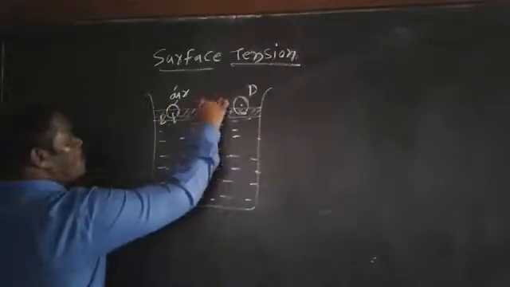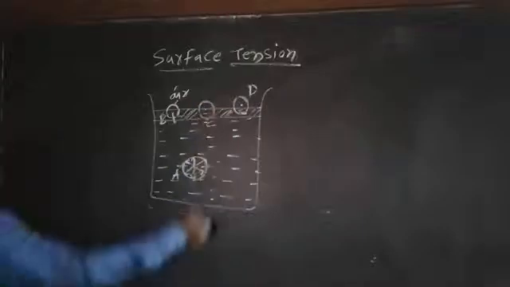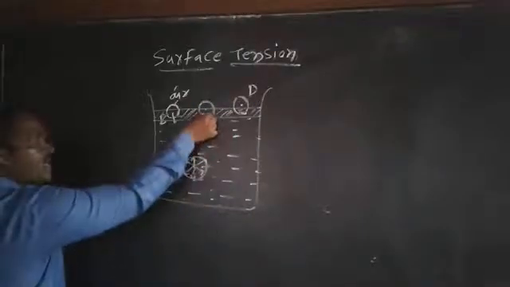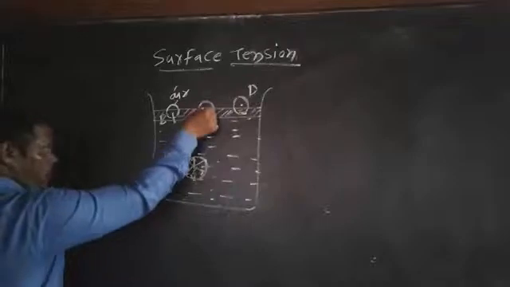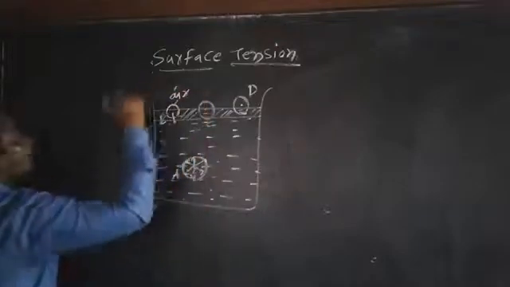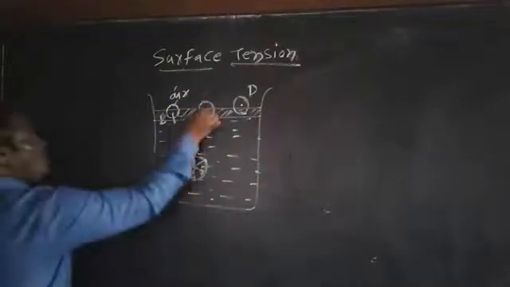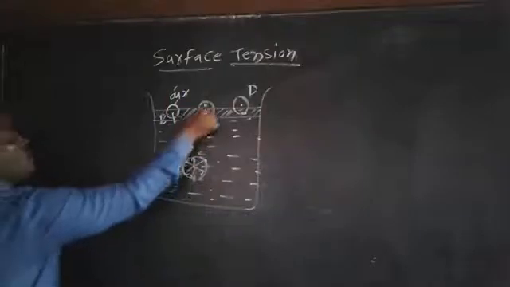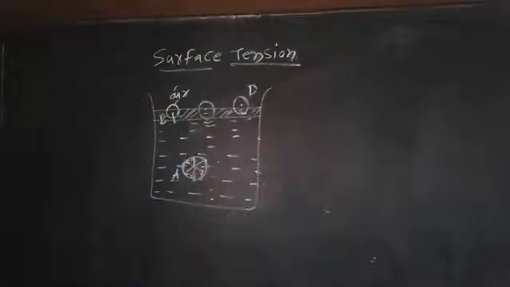Now consider the molecule C. Half of its sphere of influence is inside the liquid and half is outside the liquid. Again, for molecule C, the resultant downward force is maximum.